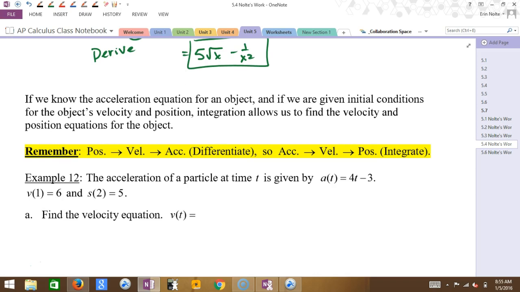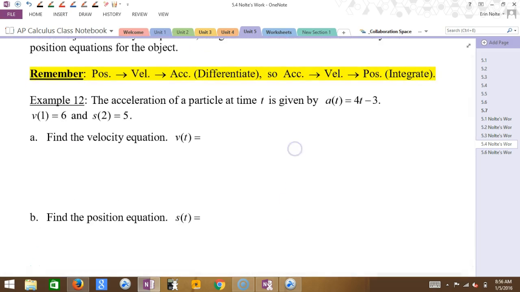And if you derive the velocity function, that gives you the acceleration. If you go backwards, you would just integrate to get back to your original. That little highlighted piece is really super important. I imagine you probably have figured that out already, so maybe you don't need to write that down, but just know that it's very important.